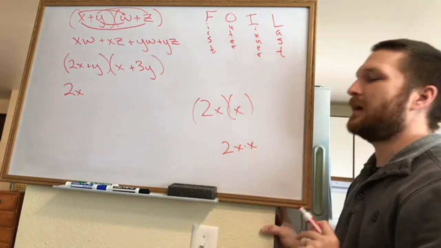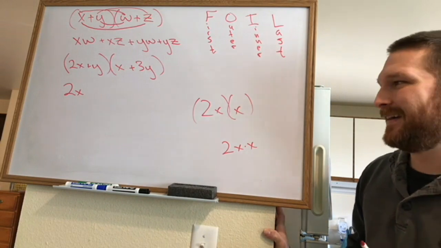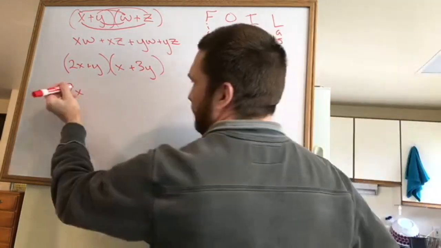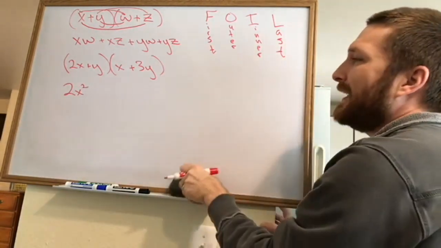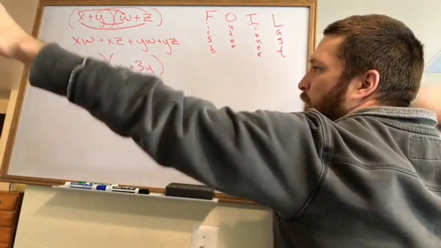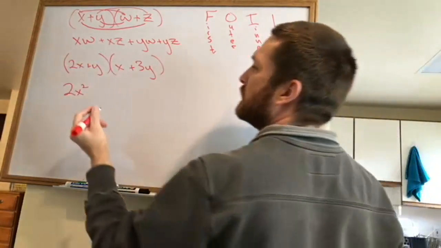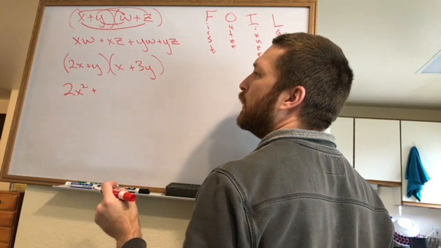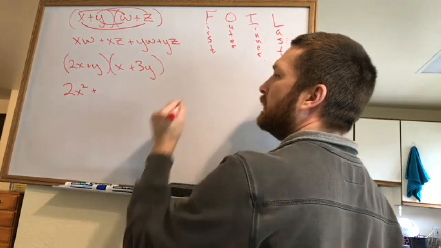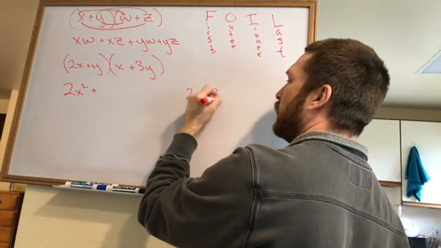How do we write x times x? Oh, x squared. X squared. There you go. Okay. So, okay, so what is the outside? 2x times 3y. Yeah, 2x times 3y.